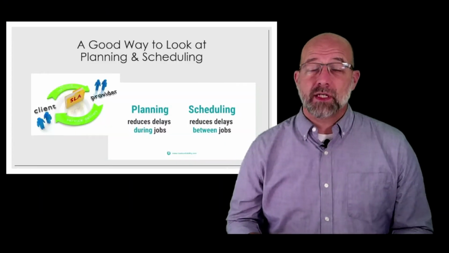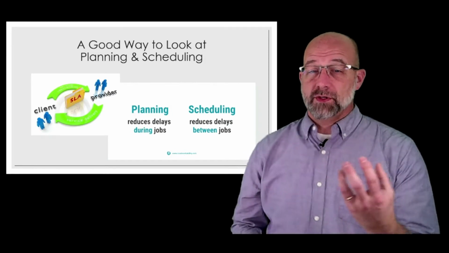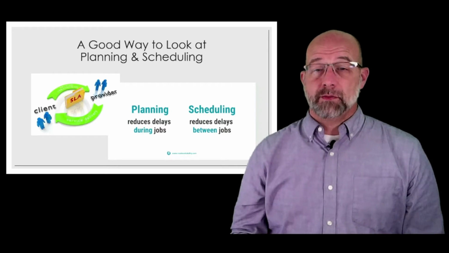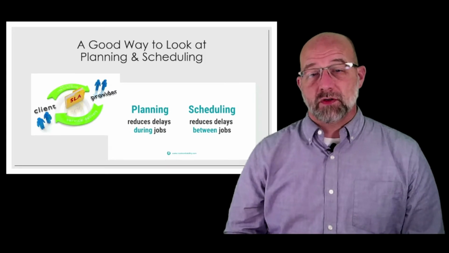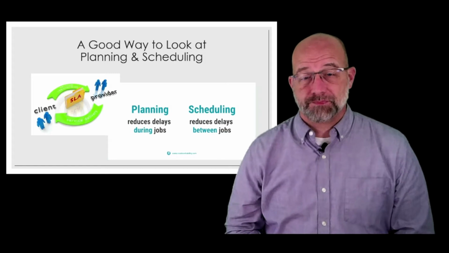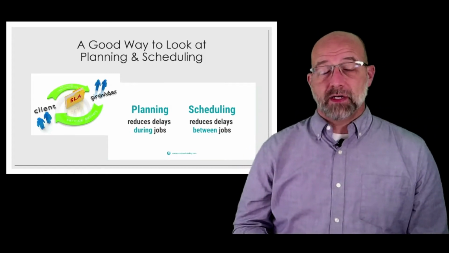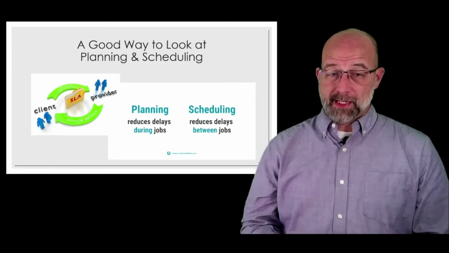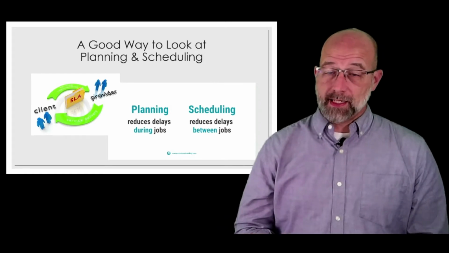A good way to look at planning and scheduling is that you are a service provider. In order for you to provide that service, you have to understand what the scope is, whether it be asset performance, whether it be project goals and scope identification for renovation and or new buildings. Within your asset maintenance and reliability structure, you have to identify what types of equipment that you have, the plans for you to maintain that equipment so that it ends up working for your client.